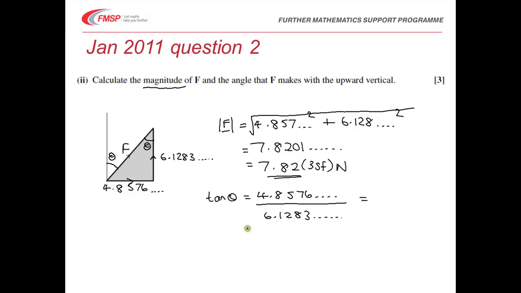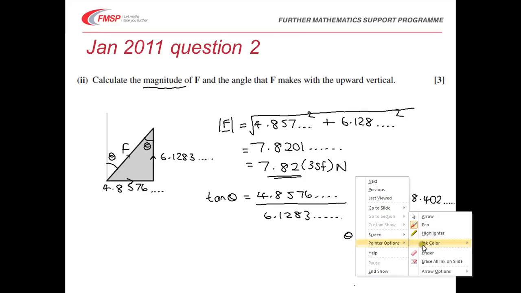So work out this value and then do inverse tan of that value. That tells us that theta is 38.402, and if we round that off to 3SF, it's 38.4 degrees with the vertical.